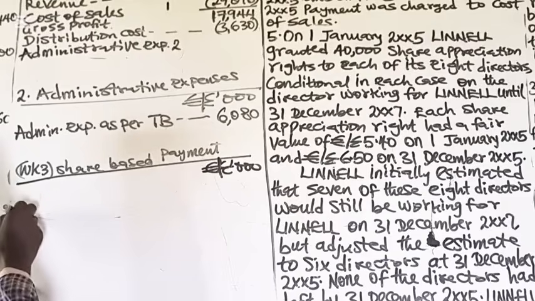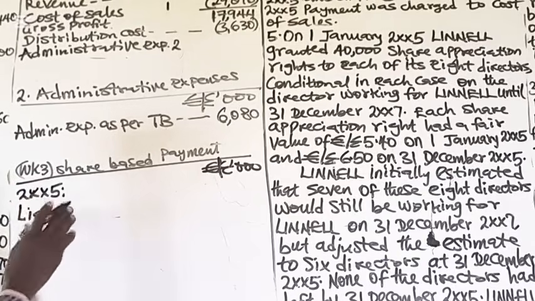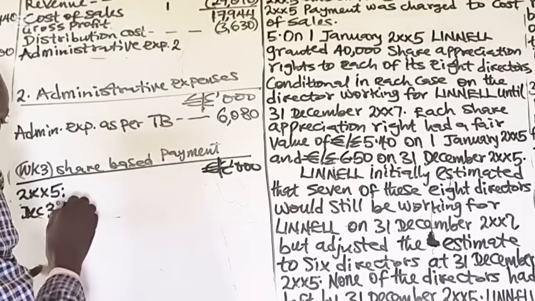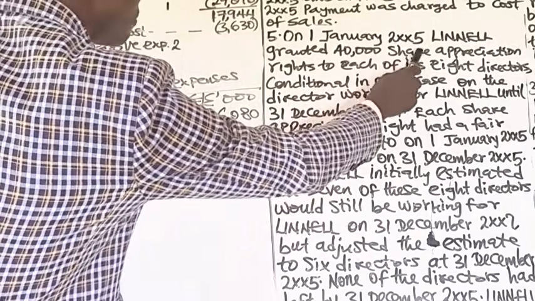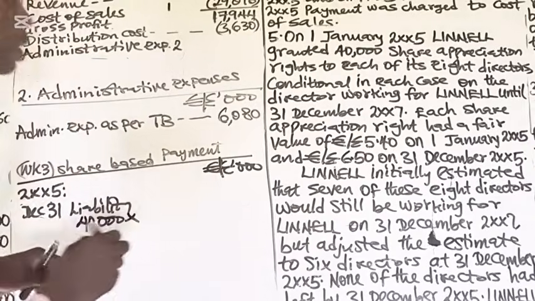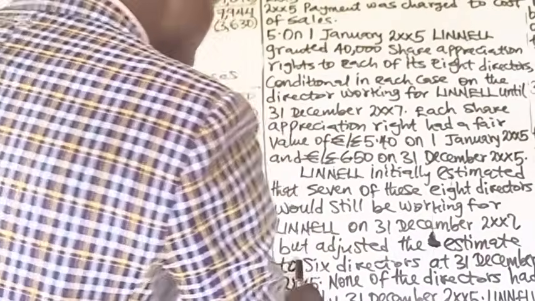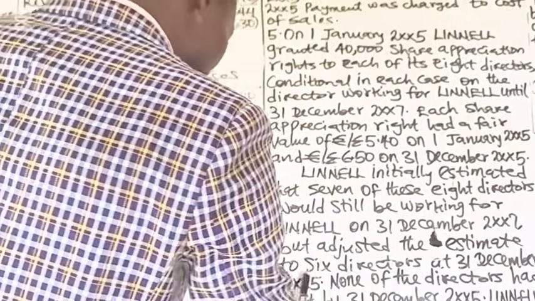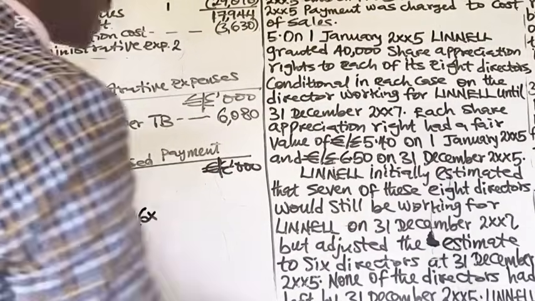So the liability as at December 31st, 20X5 that will be recognized: you have 40,000 share appreciation rights, times the 6 directors that meet the vesting condition as at 31st December 20X5, times the market value as at that date.